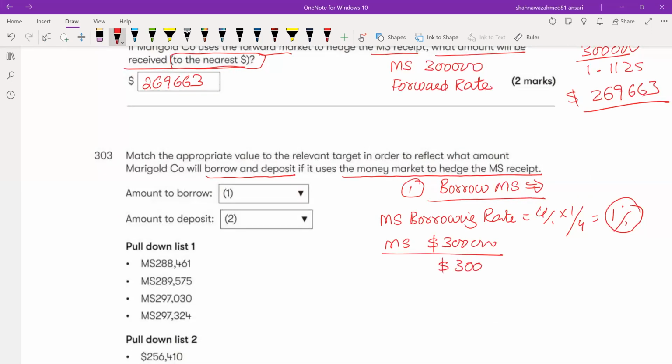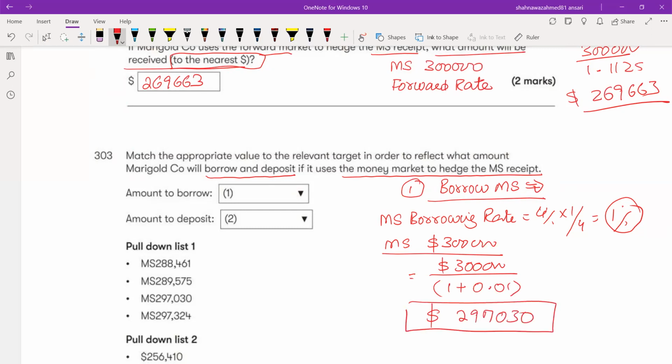So 300,000, how can we find present value? Divided by 1 plus 0.01. And the amount that we need to borrow now is 297,030. This is the appropriate foreign currency, which is the present value of the receipt. Always remember to convert this into the relevant quarter. So this is the answer.